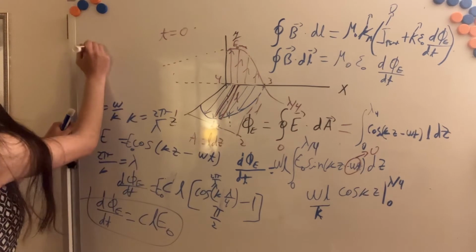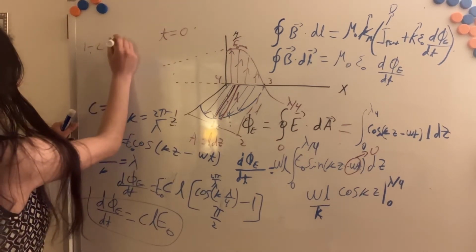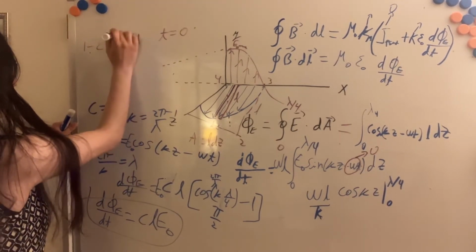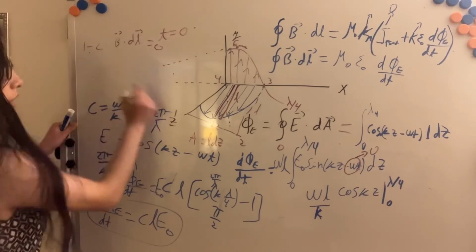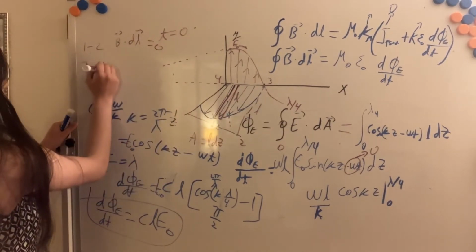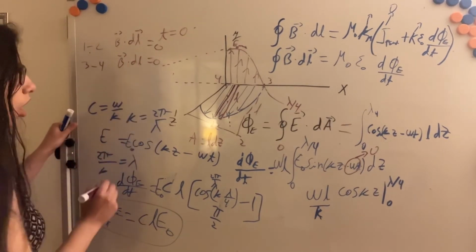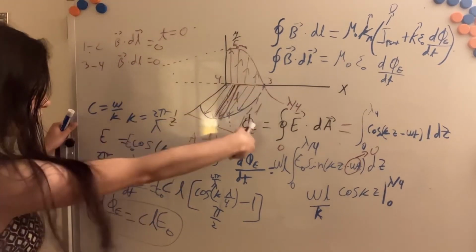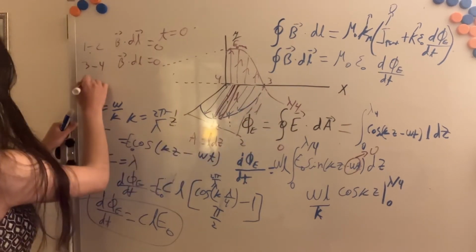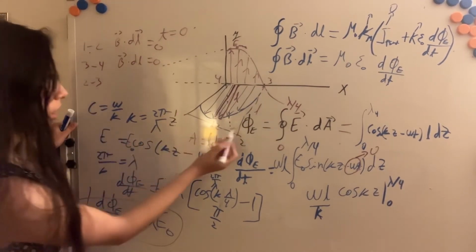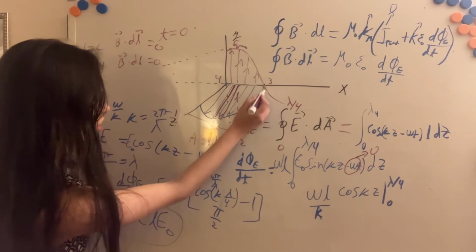So from 1 to 2 we have that B dot dl is equal to 0, and also from 3 to 4 B dot dl is equal to 0. Here from 2 to 3 the magnetic field is 0.